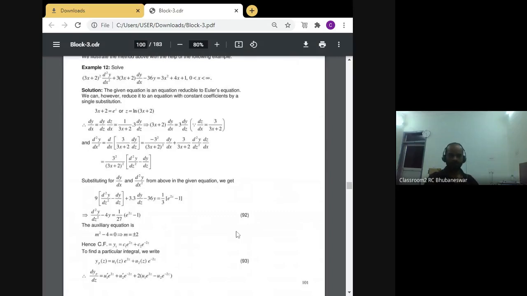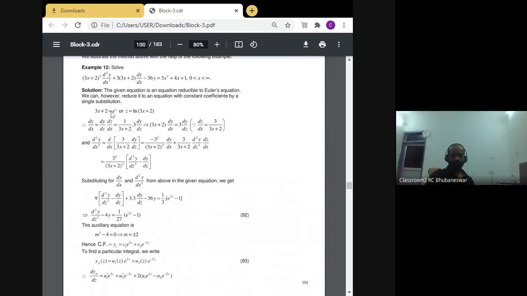The same procedure has been adopted here in example number 12, where we substitute 3x plus 2 equals e to the power z. Look here, we are not substituting capital X or other functions, but we have taken e to the power z.